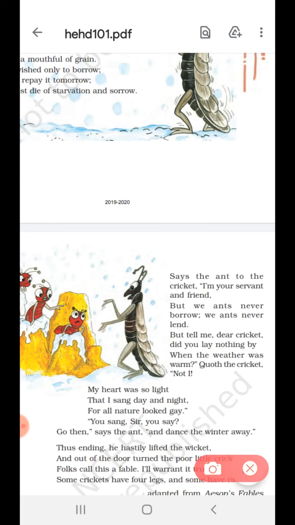So here, in the previous stanza, the poet refers miserably to the ant. Okay, so here the cricket is now proceeding towards the ant to ask for some help. Okay, so now let us see whether he was able to get any help from the ant or not.